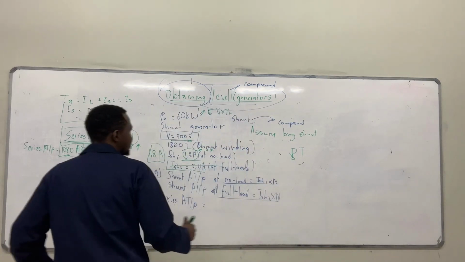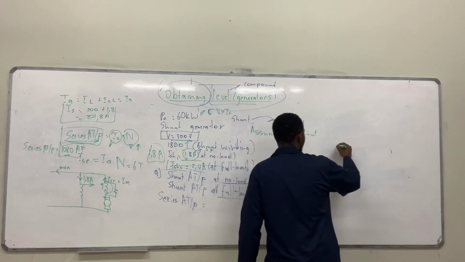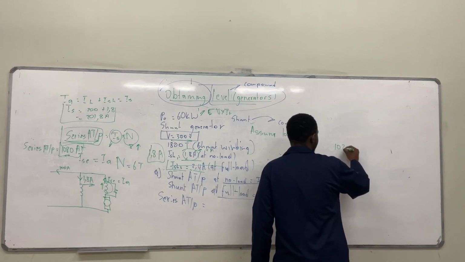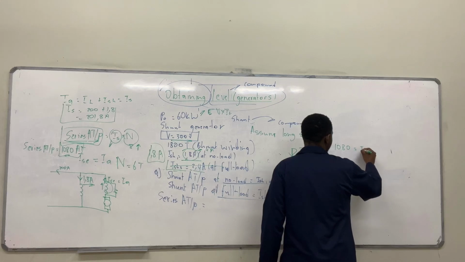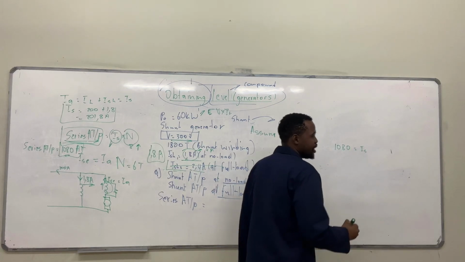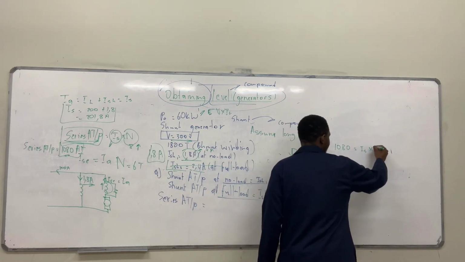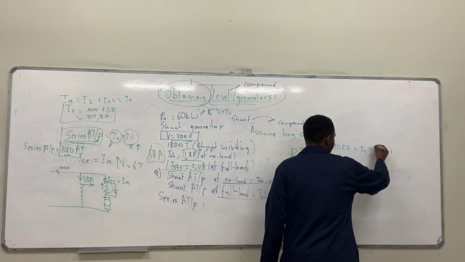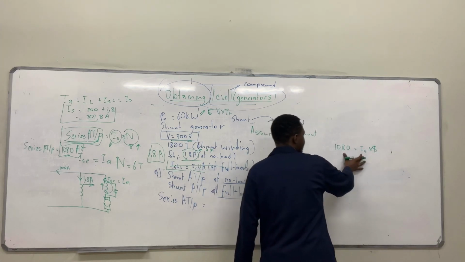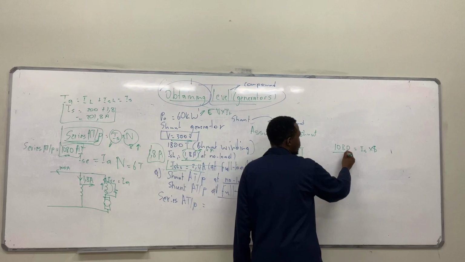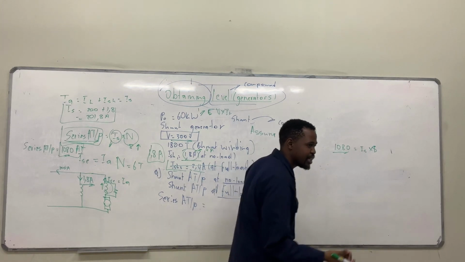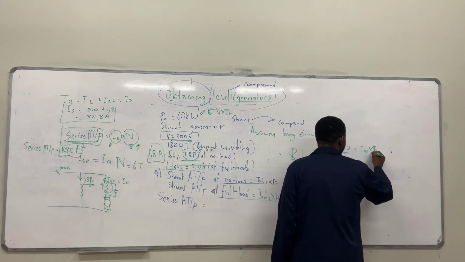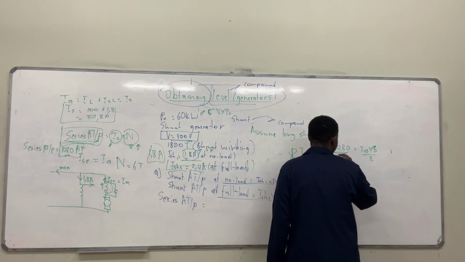then it means that 1080 equals I series times the turns, which is 8. For it to be maintained at this value, the series field current must be 1080 divided by 8.